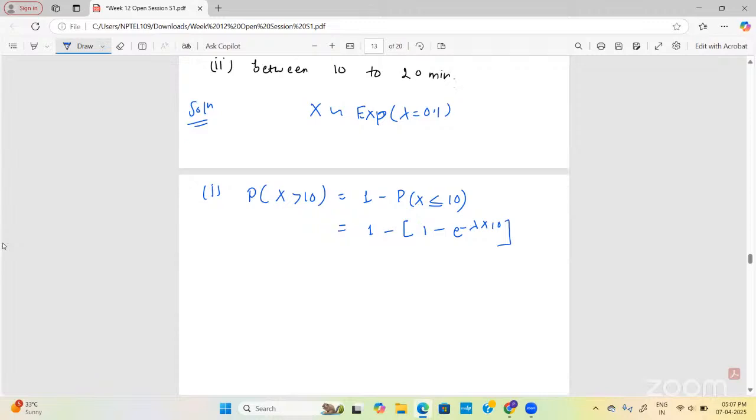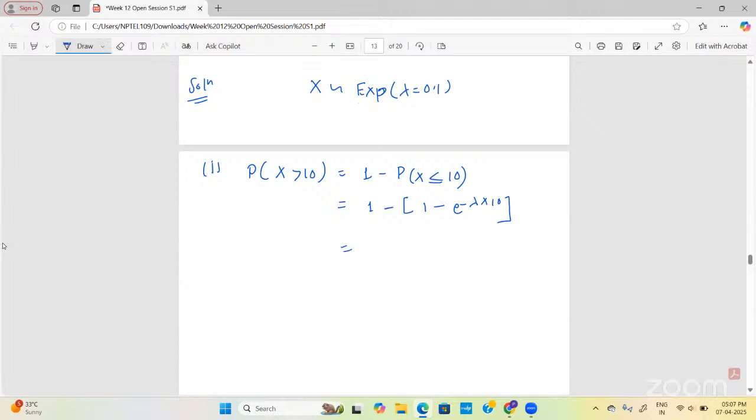Yes, ma'am. Okay, now you can see 1 will be cancelled out and this minus minus will become plus. So it will be e to the power minus lambda into 10. So what is the value for lambda? 0.1. Yes. Okay, so 0.1 into 10. So this will become e to the power minus 1.